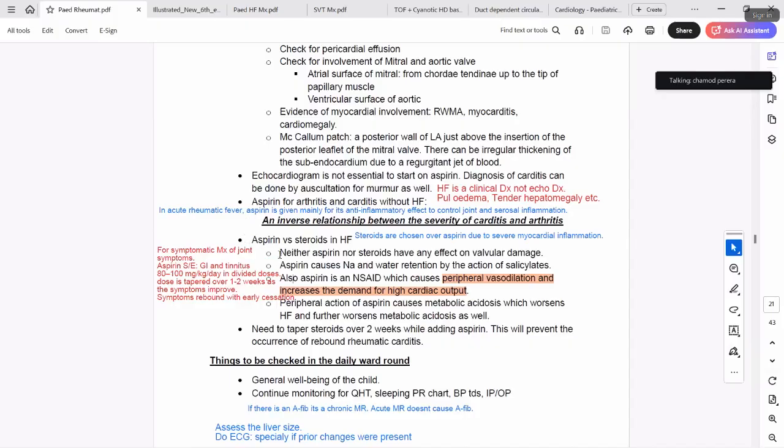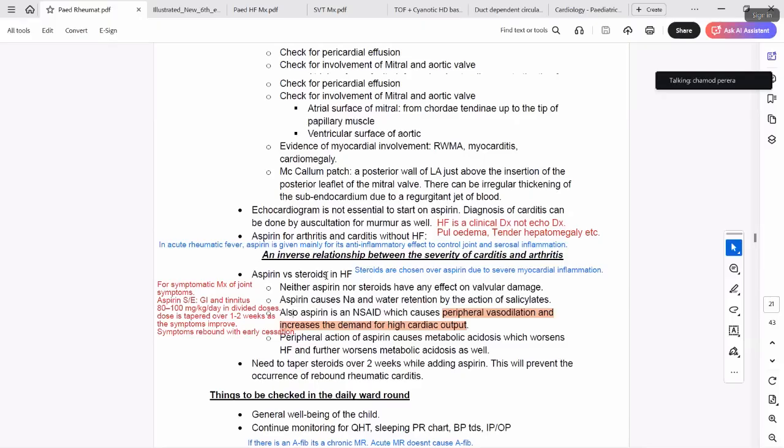What we do is, if the patient shows any symptoms of heart failure, then we switch from aspirin to steroids, right? Aspirin is also going to cause a metabolic acidosis and worsening. And if you start the patient on steroids, we need to taper it down over a 2 week period, and then you are going to add aspirin back to the patient, right?